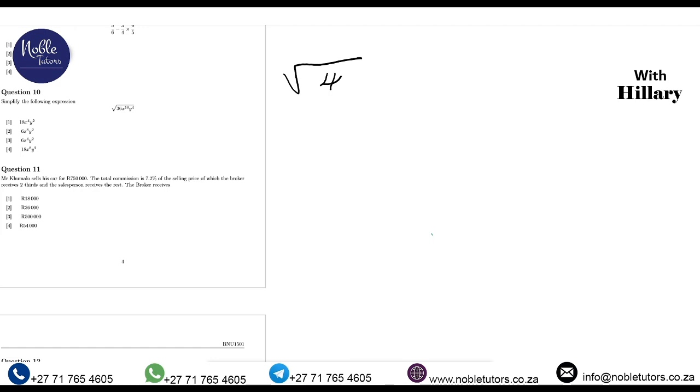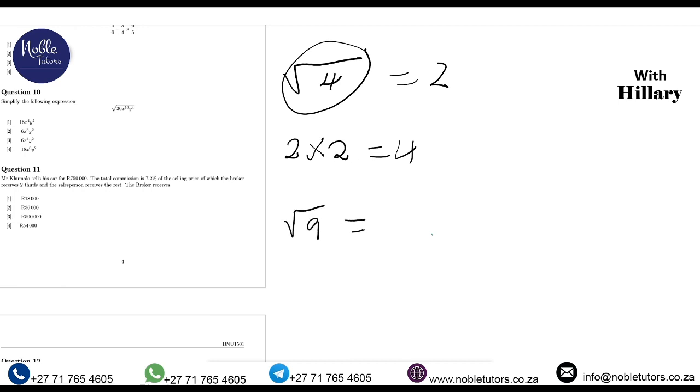We can arrive at the fact that 2 multiplied by 2 will give us 4. So square root of 4 is equal to 2. Then we can say, okay, what if we are looking for a square root of 9? A square root of 9 will be 3 times 3, because 3 times 3 will give us 9.